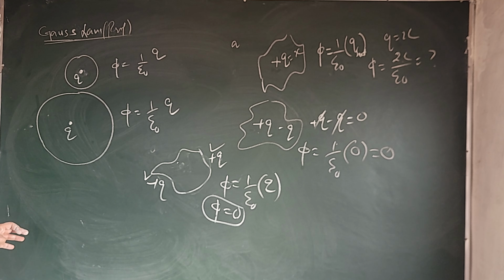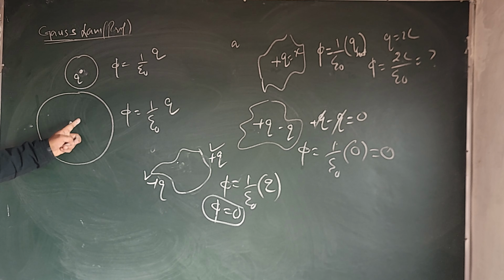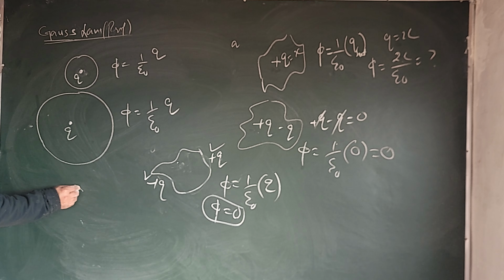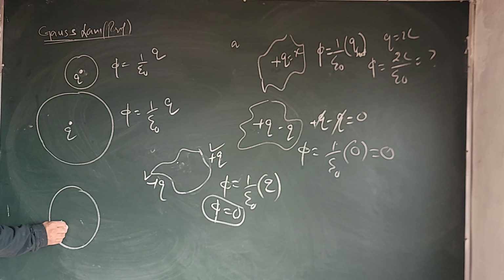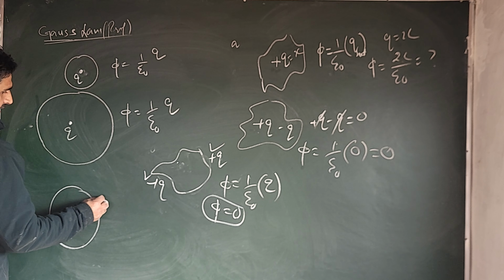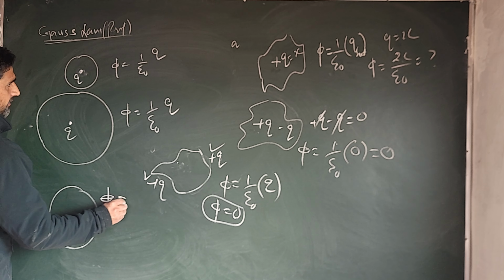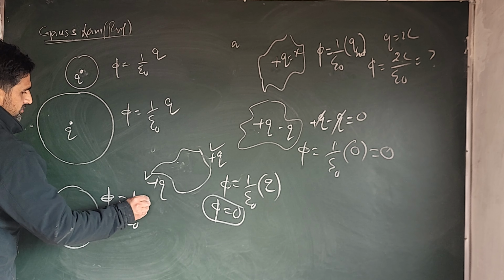The flux calculated by using Gauss's law is independent of the shape and size of the closed surface. Suppose I put the charge here, plus Q, then the flux is again phi equal to 1 over epsilon naught times Q.